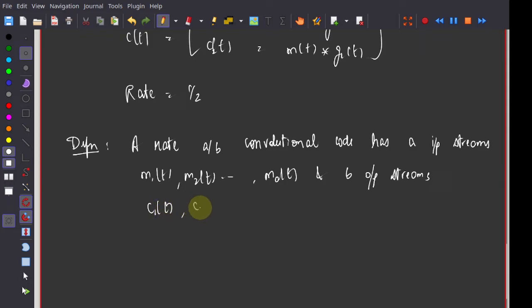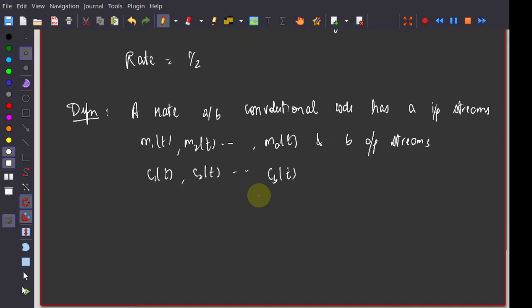And b output streams: T1 of t, T2 of t, up to Tb of t. Again, since there are A input streams and B output streams, for every combination you need an impulse response, right?